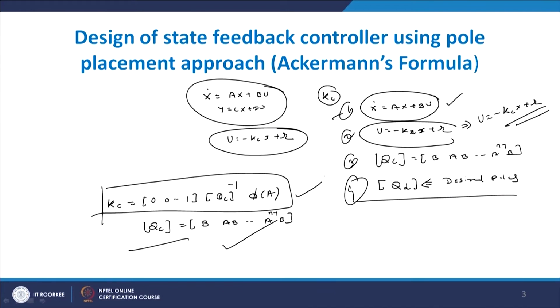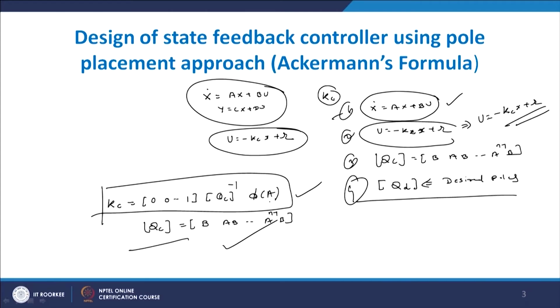Now, we start deriving the Ackermann formula, and the technique which we use here is the Cayley-Hamilton theorem, as we have seen earlier in getting the state transition matrix. The Cayley-Hamilton theorem says that every square matrix satisfies its own characteristic equation.